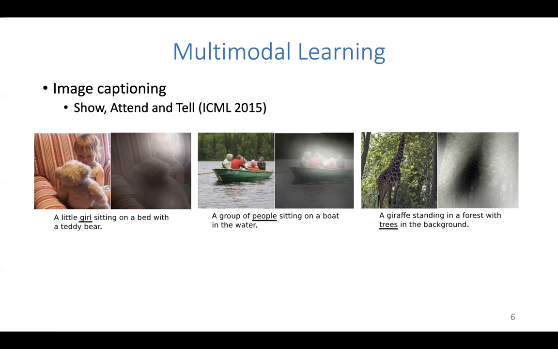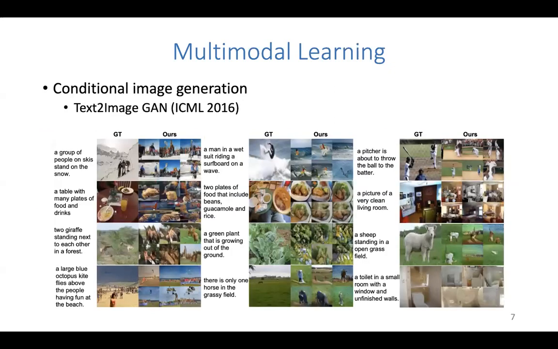So if image captioning can be seen as multimodal learning, then obviously image generation based on text, text to image, so conditional image generation, can also be seen as multimodal learning. Back in 2016, there was a work called text to image GAN. You are basically conditioning the GAN to generate images based on a given text.